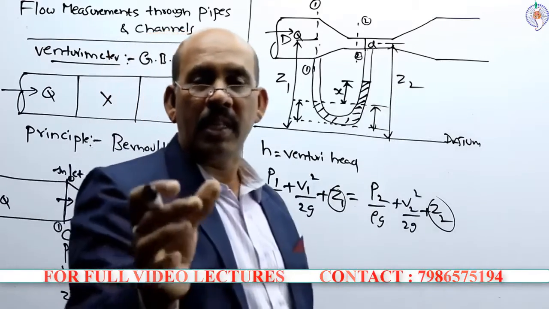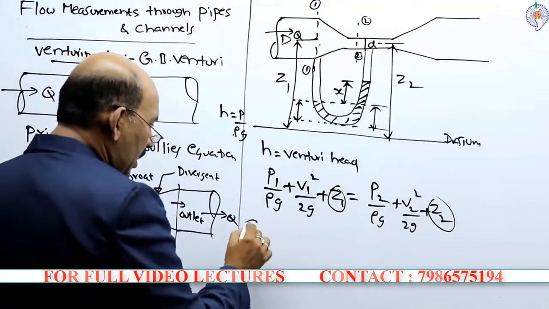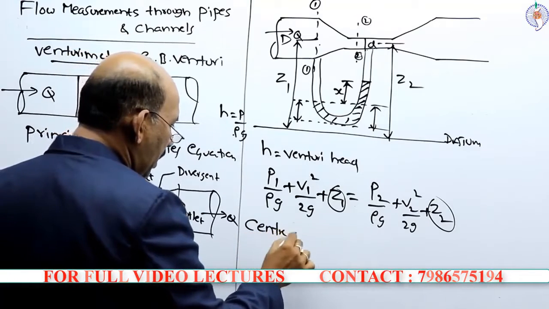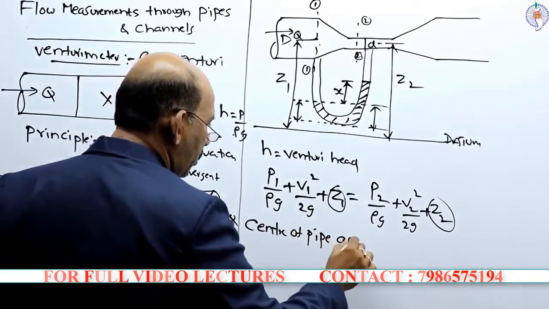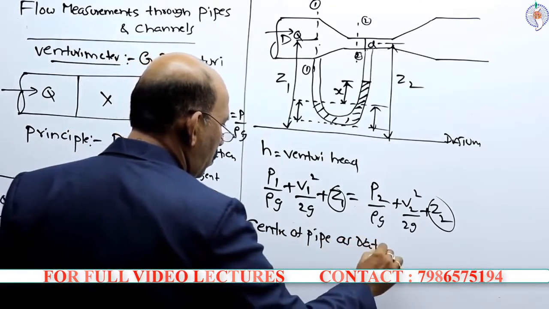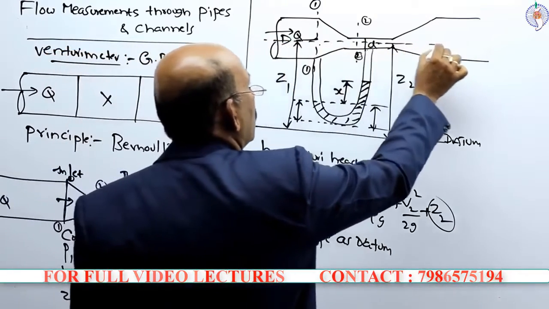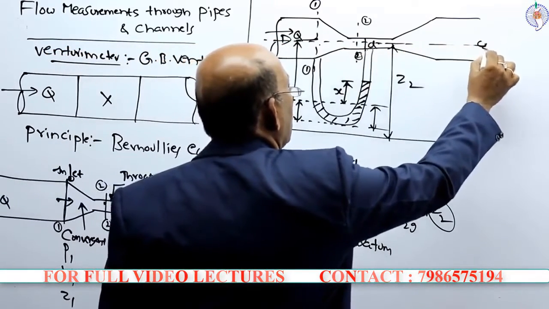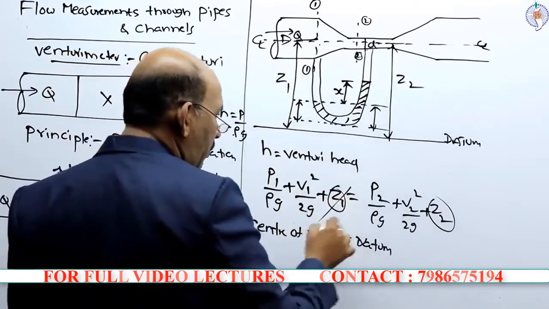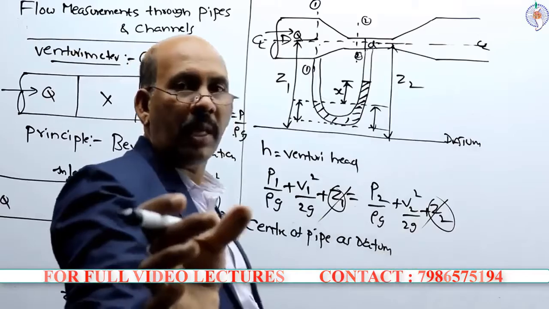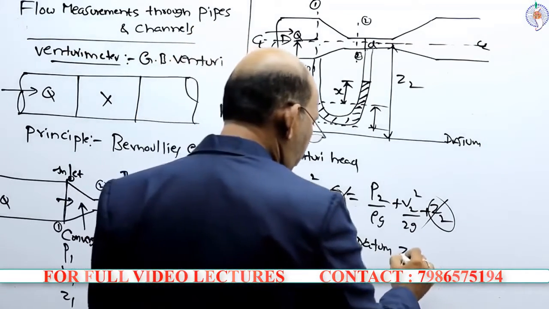If I consider the center of the pipe as datum, this center line as datum, then Z1 and Z2 will get cancelled, because Z1 is equal to Z2 is equal to 0.